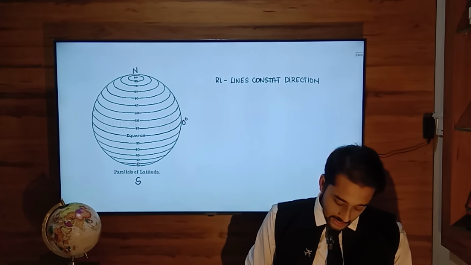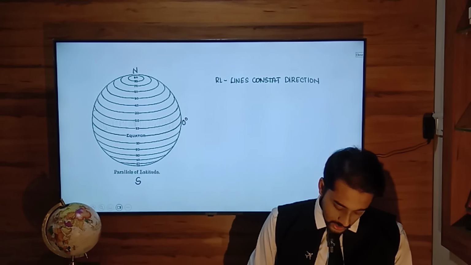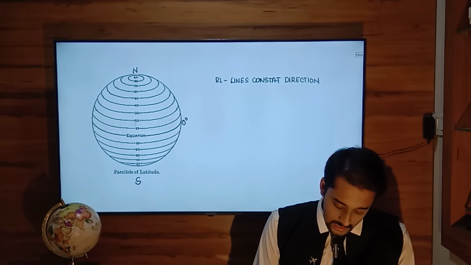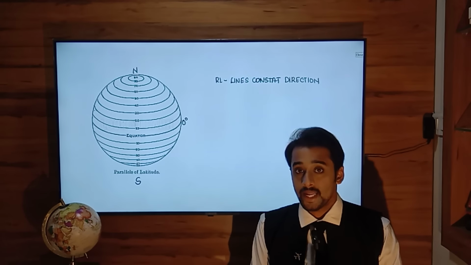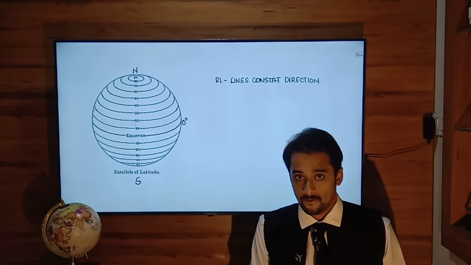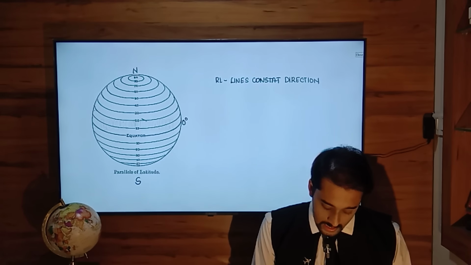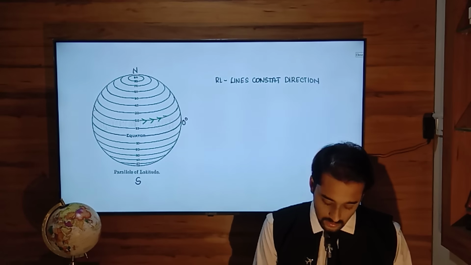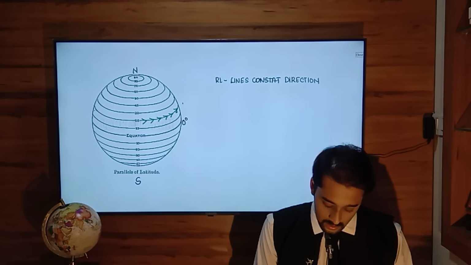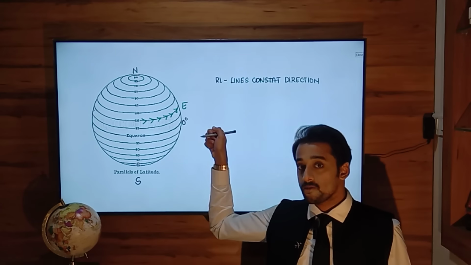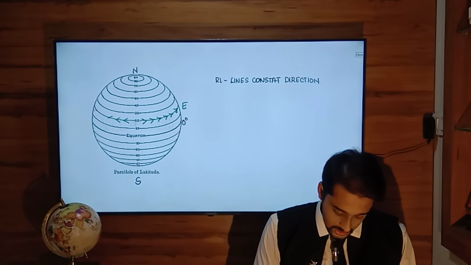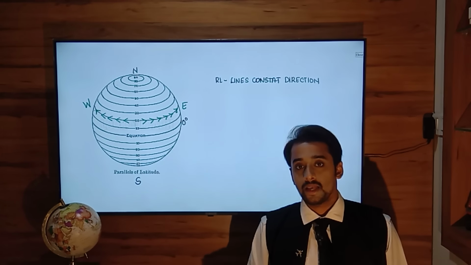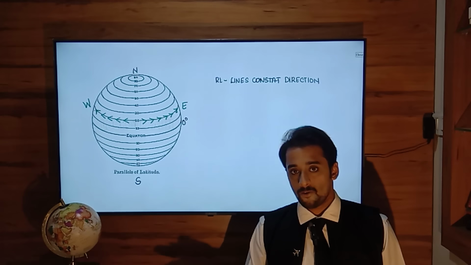Now let's take the 20-degree north latitude. If you are flying along the 20-degree north latitude and maintaining that latitude throughout your flight, you can fly either in an easterly direction or in a westerly direction. Either way, you select any direction of travel.